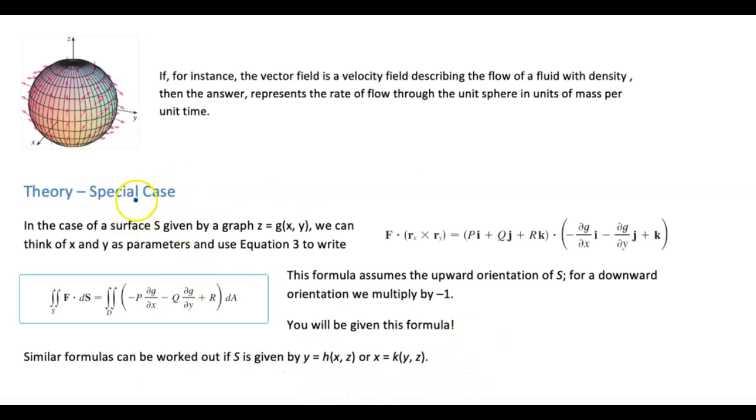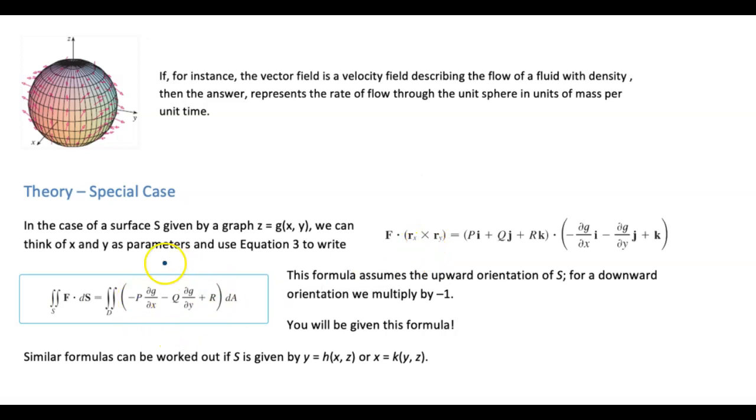All right, finally, we have reached a special case. Our special cases just make our lives a whole lot easier. We're saying the same thing here: if we can write this as a function of x and y, or of x and z, or of y and z, either way, if we can write one of these as a function of two variables, then we can eliminate essentially our cross product.